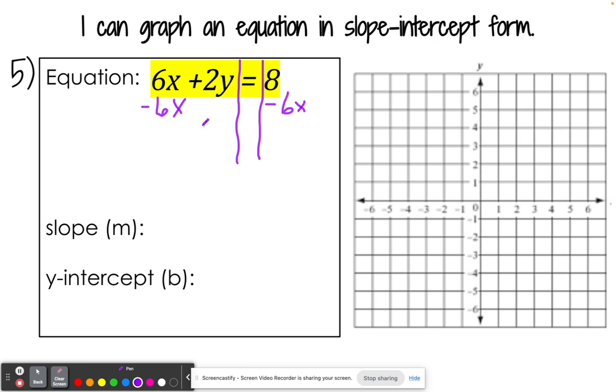So I have 2y equals negative 6x plus 8. I'm going to divide everything by 2.